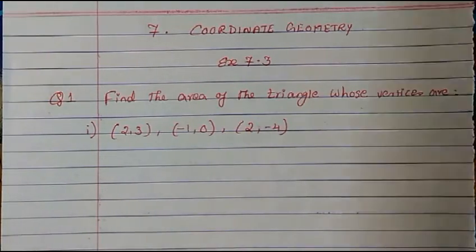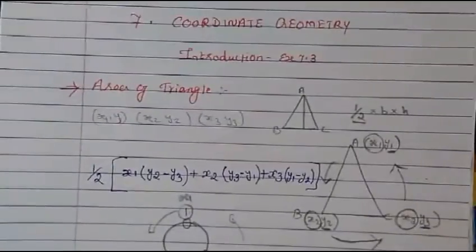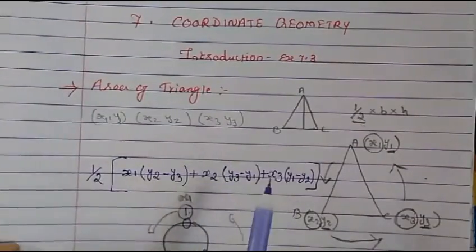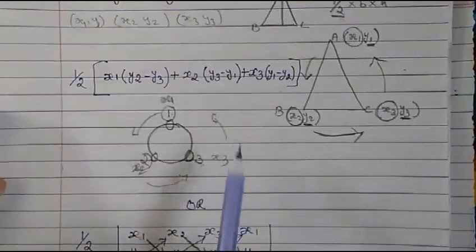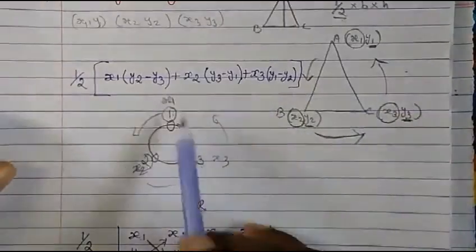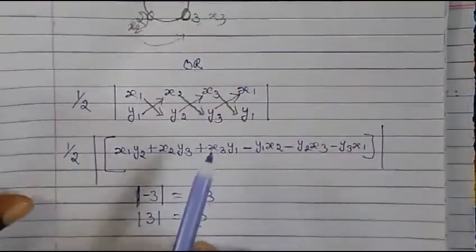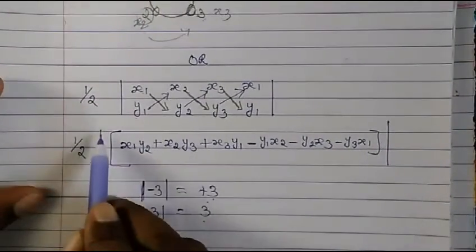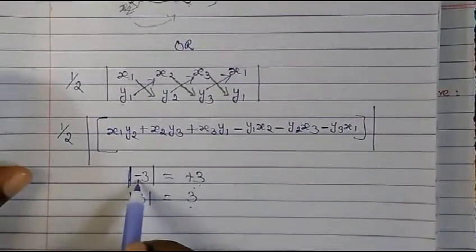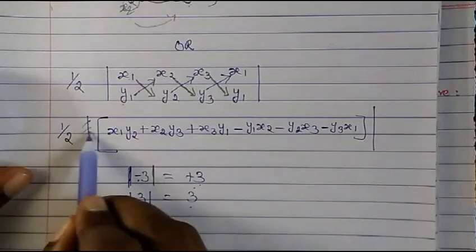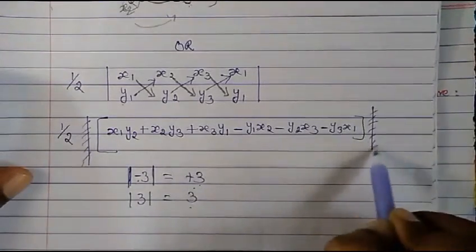In the introduction part, I have explained to you the area of the triangle, where two methods I have explained to you. This is the formula, how to remember it with the circle I showed you, or we can follow this method and put the values. We put the modulus if the answer comes negative, otherwise we don't need to put the modulus.